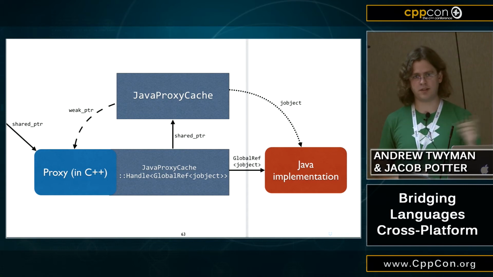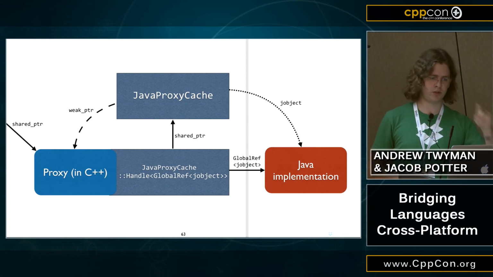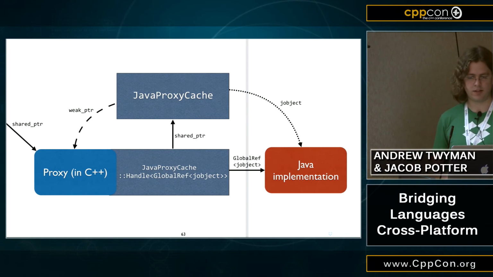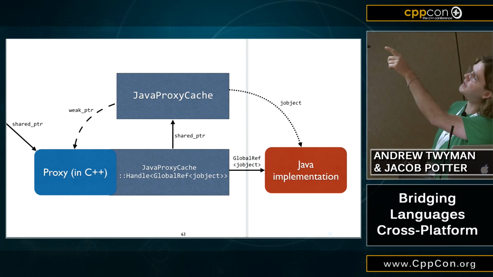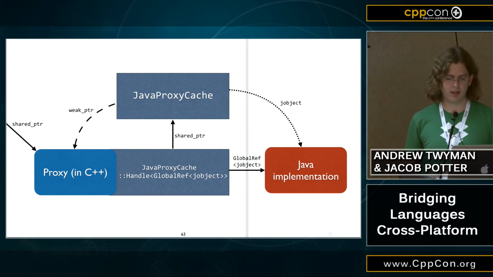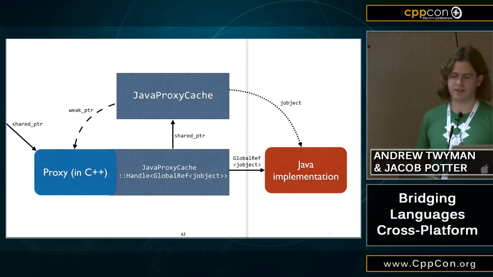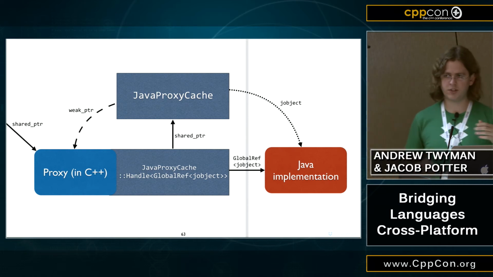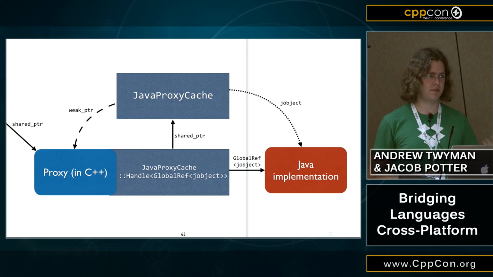The unowning thing is also a JNI reference. And then there's a std weak pointer from the cache pointing into the proxy. So the global ref that you see in the line from the cache to the Java implementation is an RAII wrapper. And then the raw jobject is pretty much a non-owning reference to the JNI thing. So that's Java.